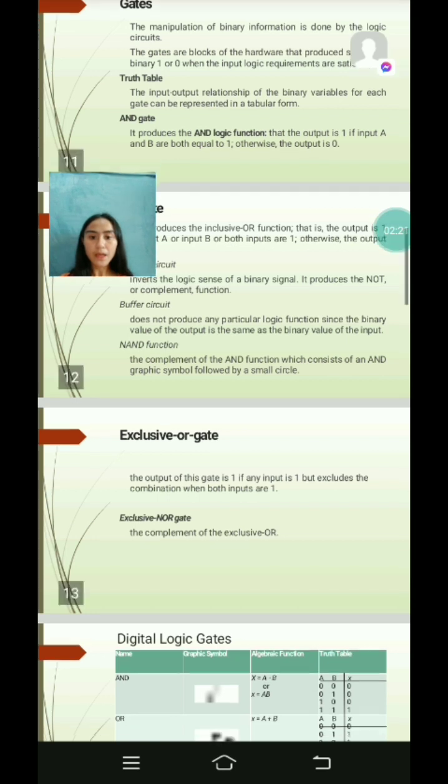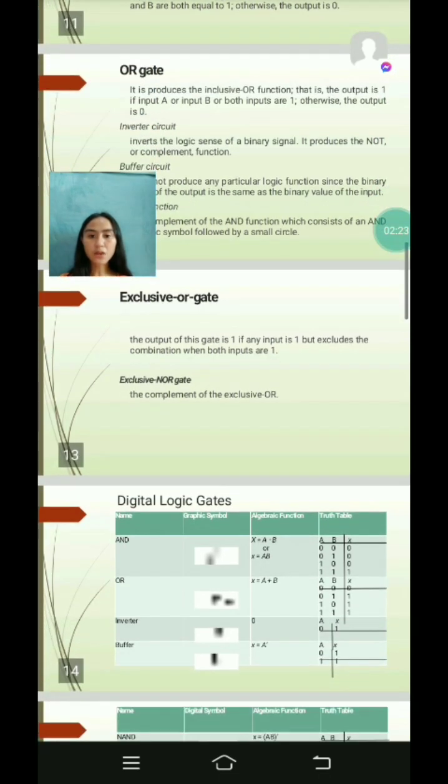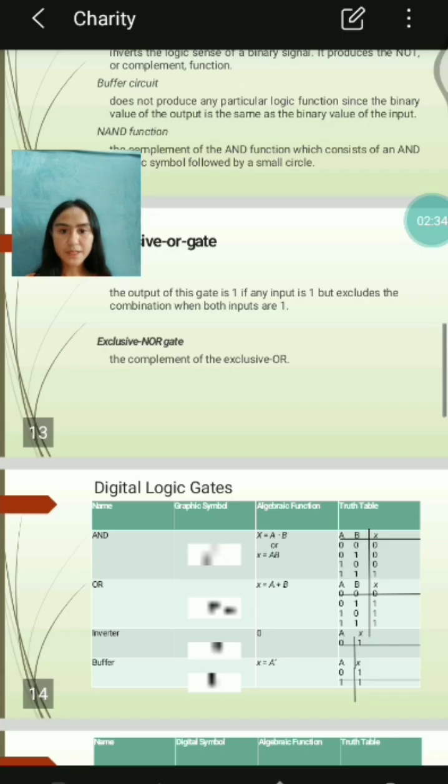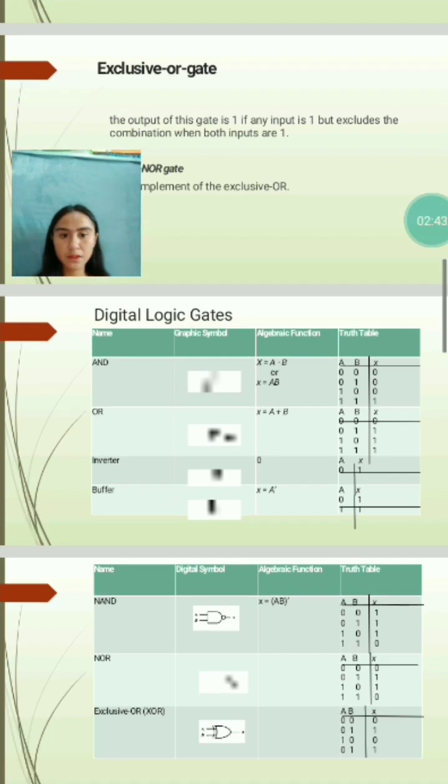Exclusive OR gate. The output of this gate is 1 if any input is 1 but excludes the combination when both inputs are 1. Exclusive NOR gate, the complement of the exclusive OR. So this is the table of the digital logic gates.